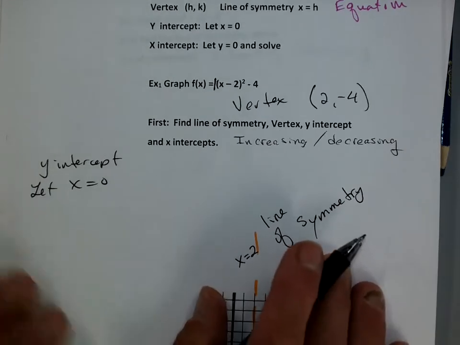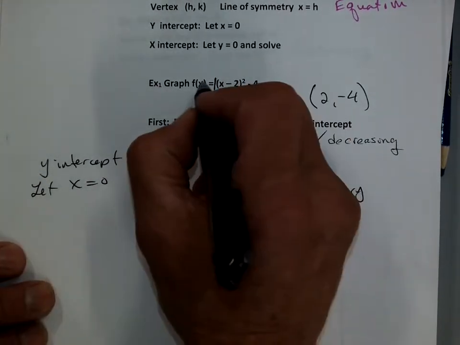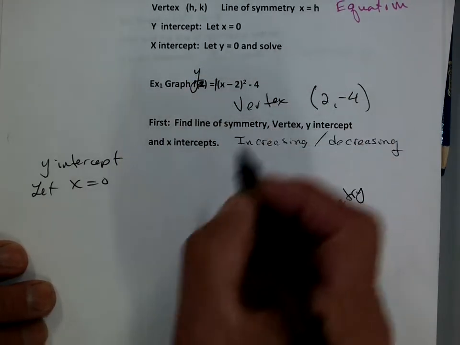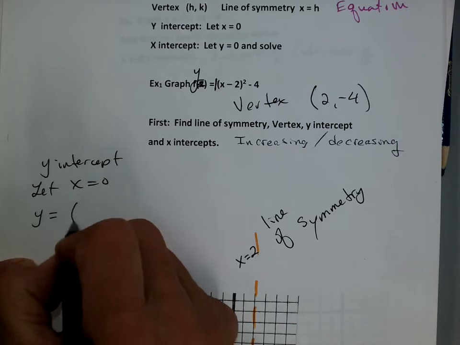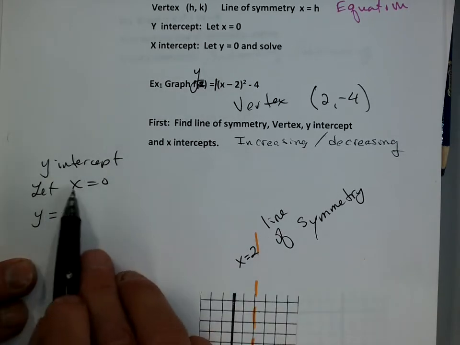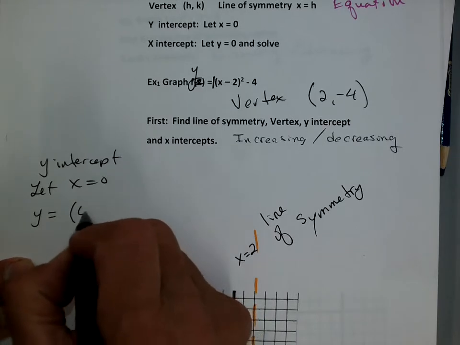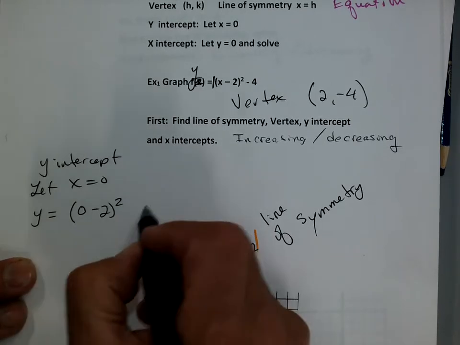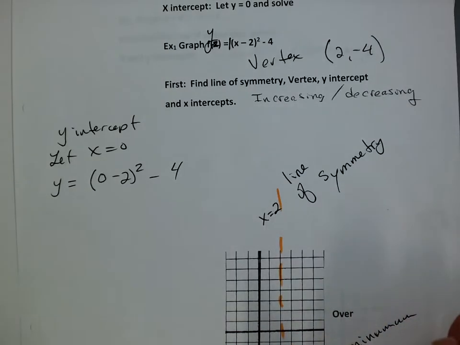All right, so f of x and y are the same thing. I can just write y equals. So it says let x equal 0. Put 0 right here: y equals (0 minus 2) squared minus 4. That's pretty easy.